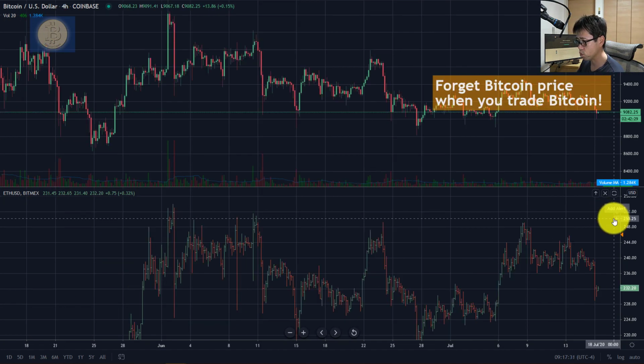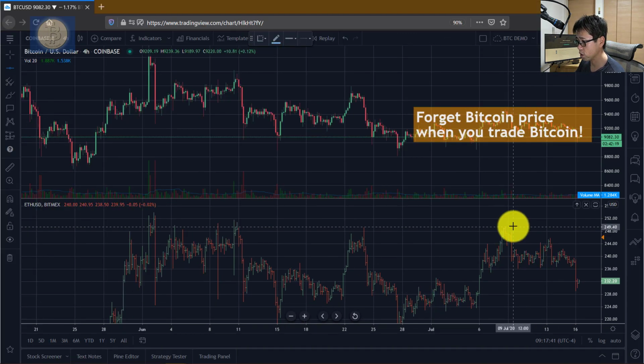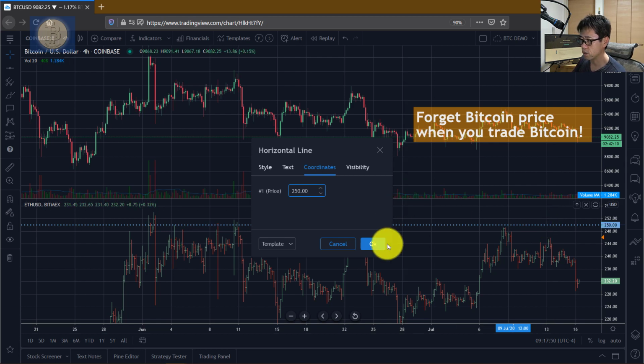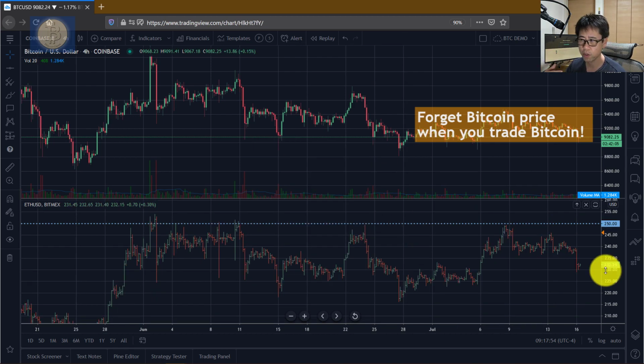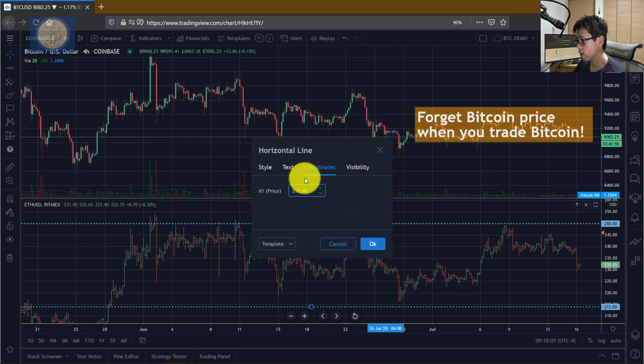So I just want to draw a simple line on EtherUSD, which is 250. Okay, so this is 250. When 250 is a major resistance, probably $200 is a good point to look at, so I'm going to add one more line, which is 200.